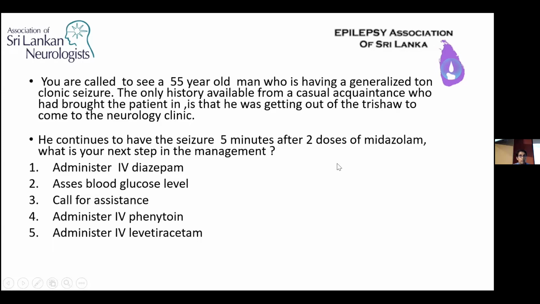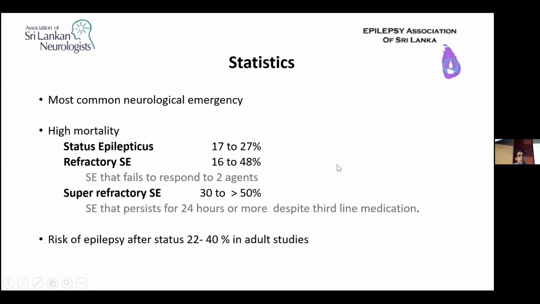Okay, with the questions in mind, let's proceed to the talk. Status epilepticus is the most common neurological emergency with very high mortality and morbidity. If you look at these figures and think of any condition that we are scared of, something like even dengue hemorrhagic fever, this is far more than what you would see with most of the conditions that we are very scared or worried about.